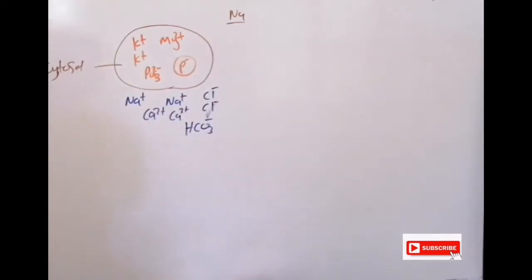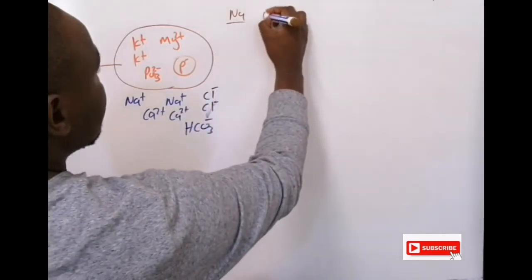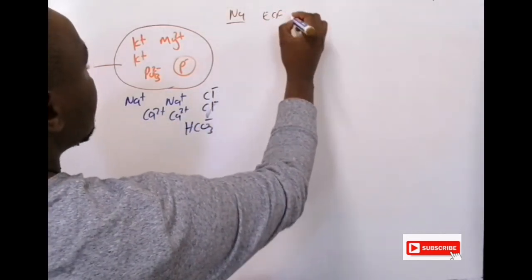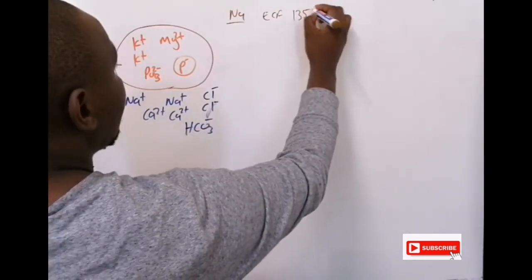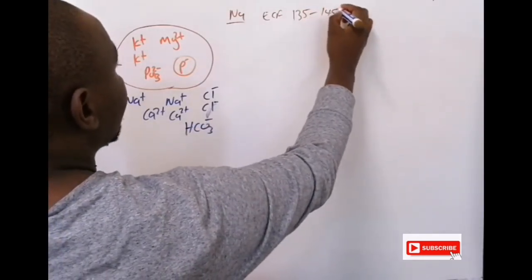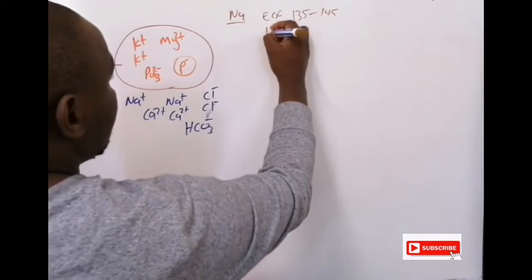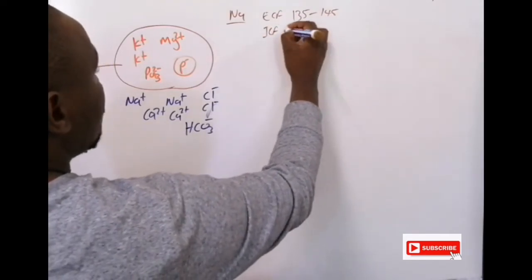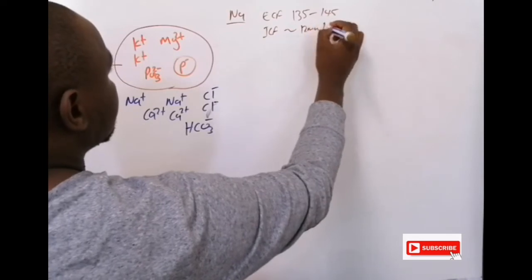Sodium is the most abundant extracellular fluid cation, and the body makes sure that in the extracellular fluid, sodium is always between 135 to 145 millimoles per liter, and inside in the intracellular fluid it's about 12 millimoles, right?